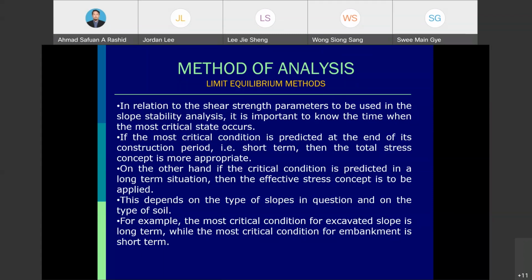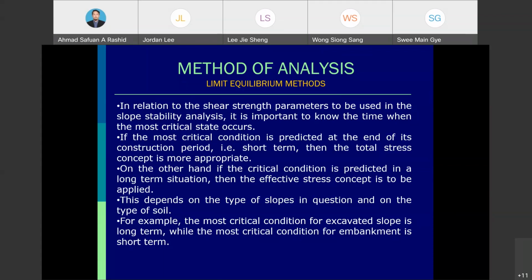However, based on my experience, it is better to carry out both the short term and the long term analysis. Because now we have numerical tools or software, we may use either the total stress or the effective stress approach, based on the values that we fill inside the software.